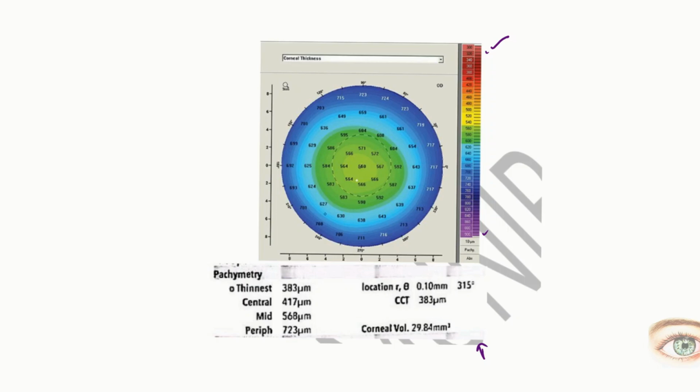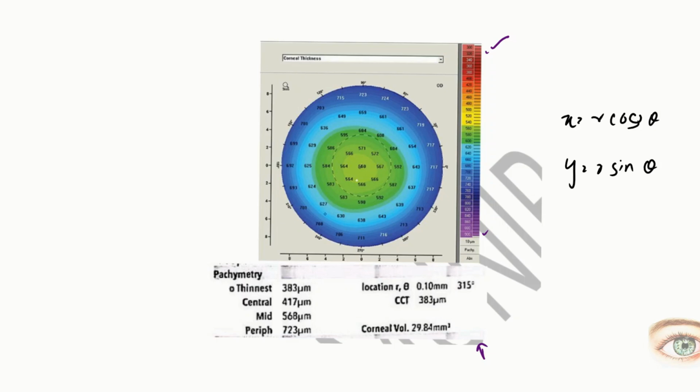The formula is x equals r cos theta and y equals r sin theta. With that, you can locate the thinnest point.